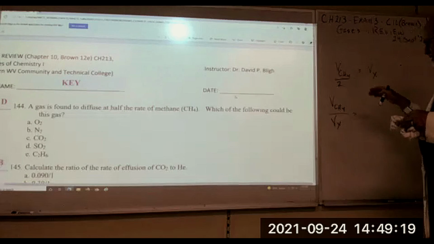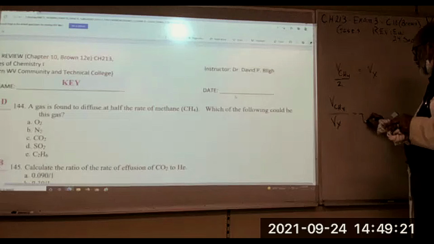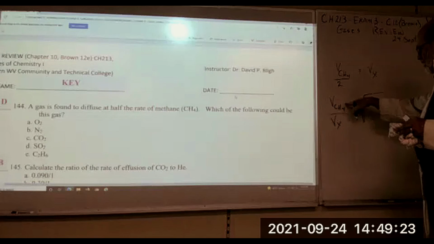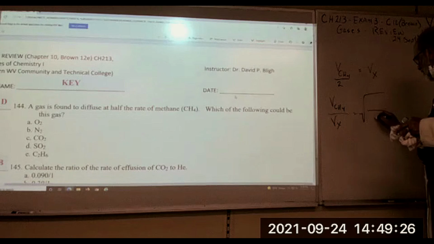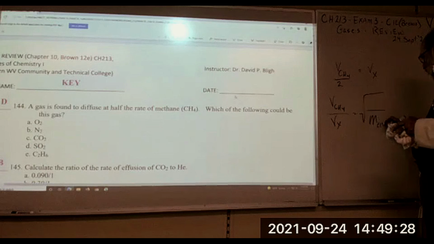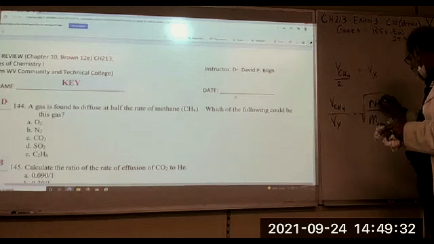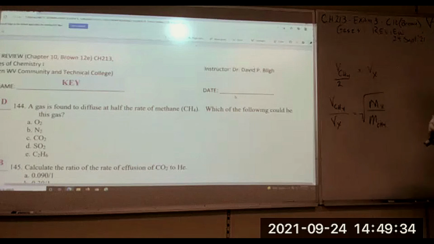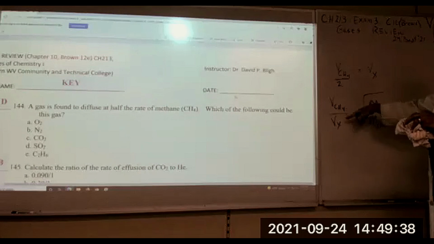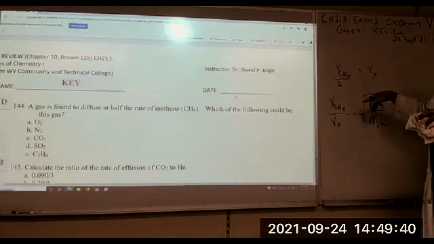Okay, that diffusion rate is proportional to the molar mass of the CH4 and molar mass of X. That's true. Right? They're inversely related to the square root.